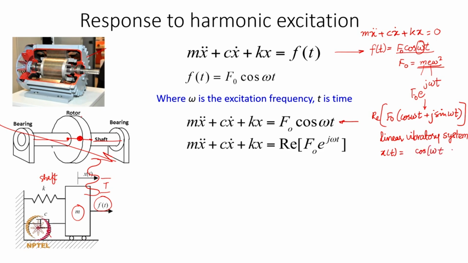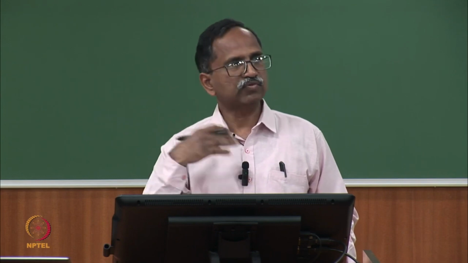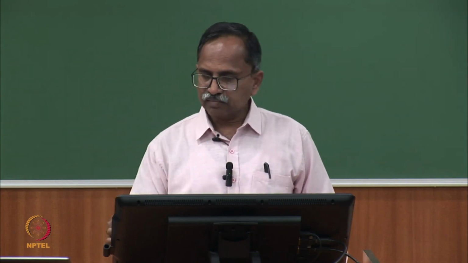Of course, this will get slightly modified, we will discuss that in detail, and the response will be with some amplitude, we do not know what that amplitude is, but one thing is for sure: for a linear vibratory system like what we are discussing, if you excite it with the frequency omega, the response will also be with the same frequency, that is omega.